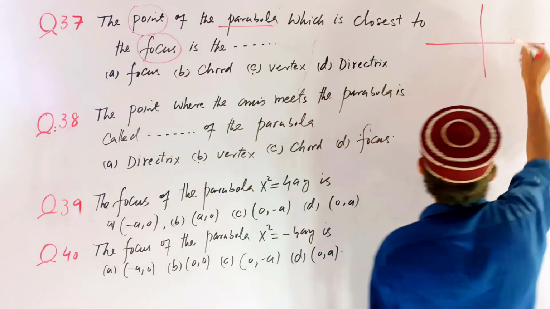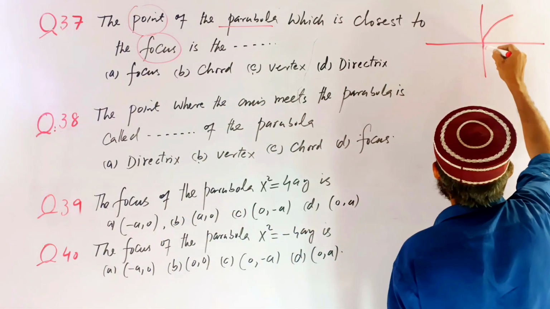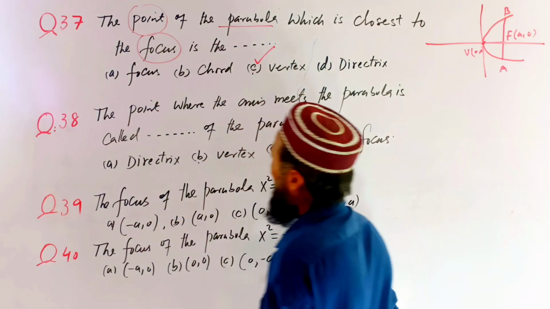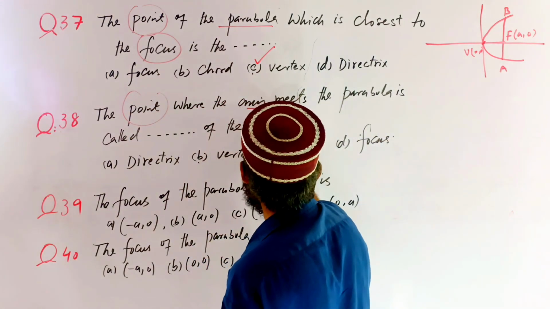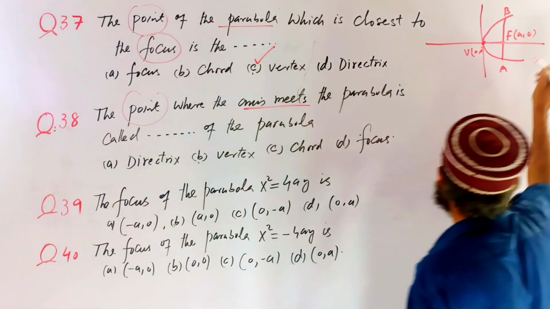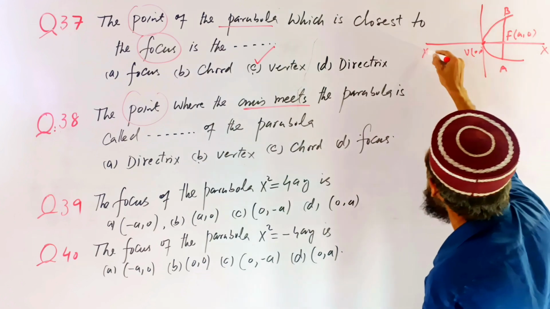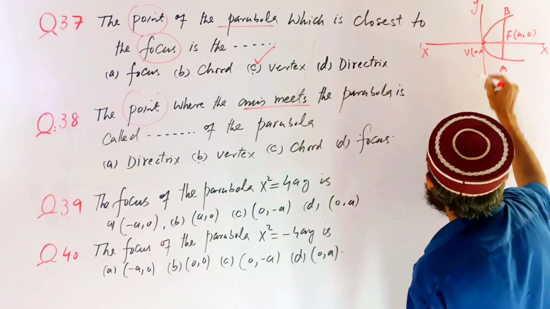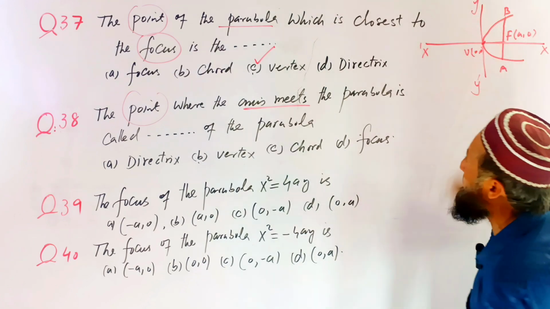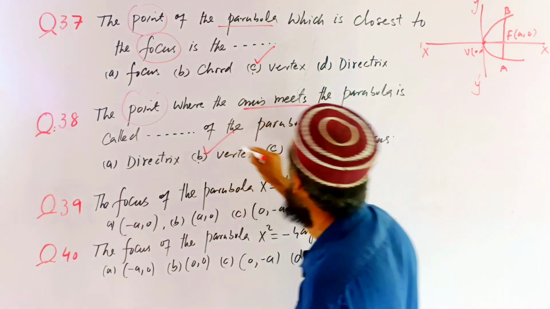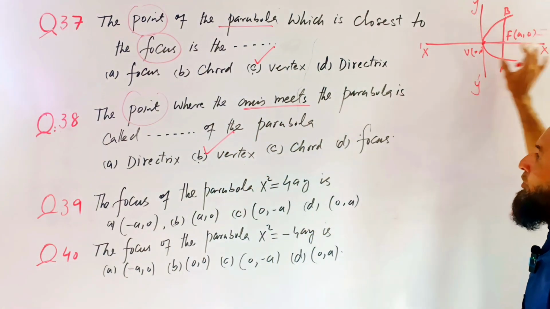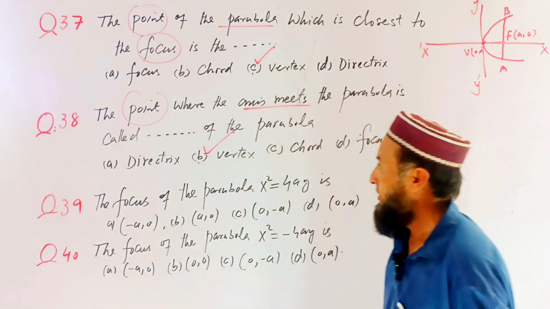Look here, if we make any parabola, the point where the axes meet, here x and x dash, y and y dash both meet at this point, is called the vertex. Again, the vertex is where both axes meet.